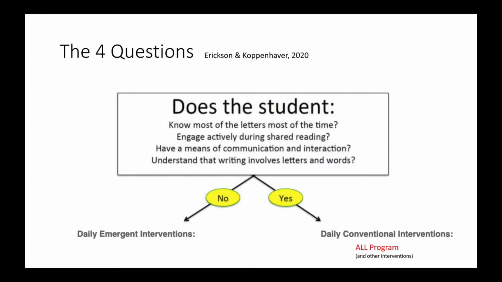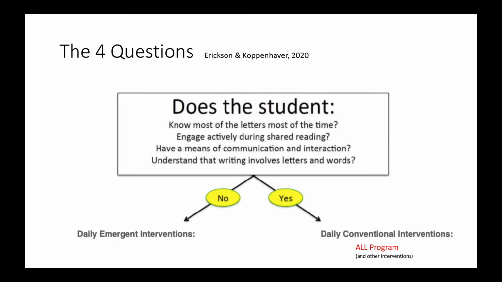If they use their AAC device to request food and preferred items primarily, you would answer no to this question. Sometimes people interpret this question to mean, do they simply have an AAC device, yes or no? And that's not what we're asking here. It's not enough to just have an AAC system. We are asking about how they use it.